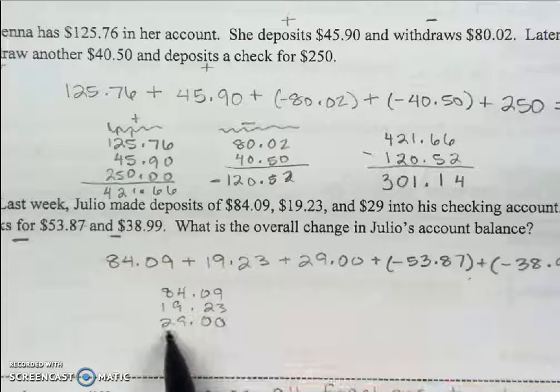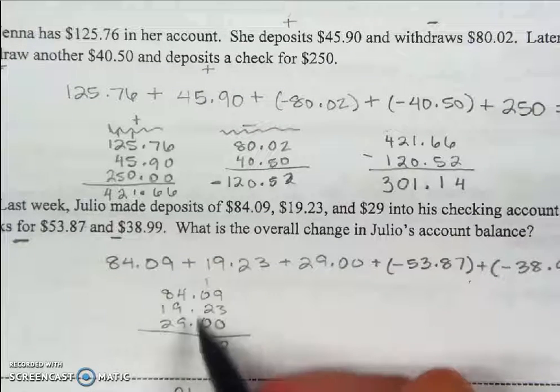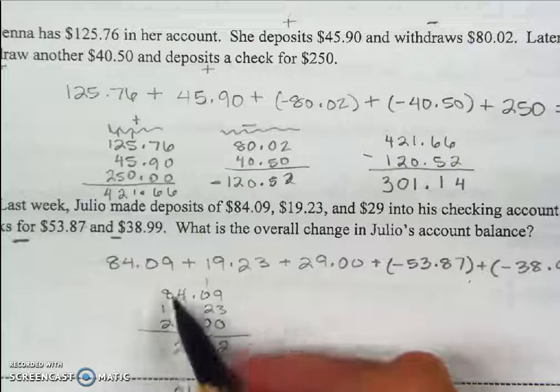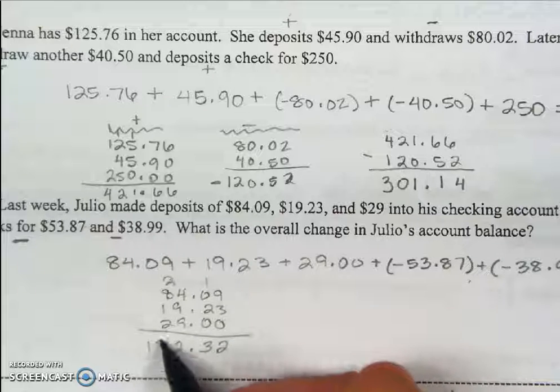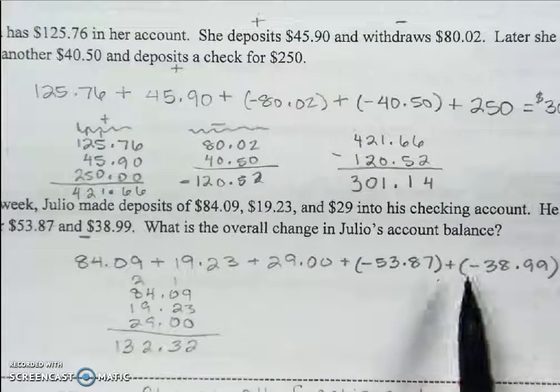Remember, 0.00. Okay, when we add all those up, we have 12, carry the 1, and 3, and decimal, and 9 and 9 is 18, and 4 is 22, 8 and 2 is 10, 11, 12, 13. So altogether, he had deposits of $132.32.